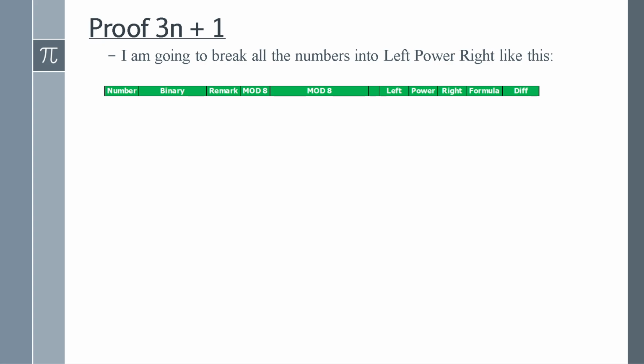The second mod 8 is the binary of the number. And then I'm going to count the bits left of the power slot, the right, the formula, and then I do a difference check to make sure the number and the formula results match.